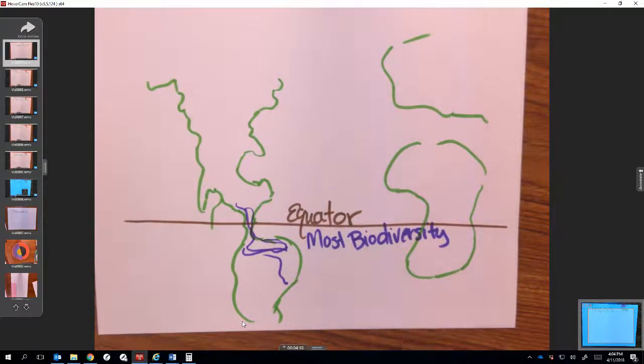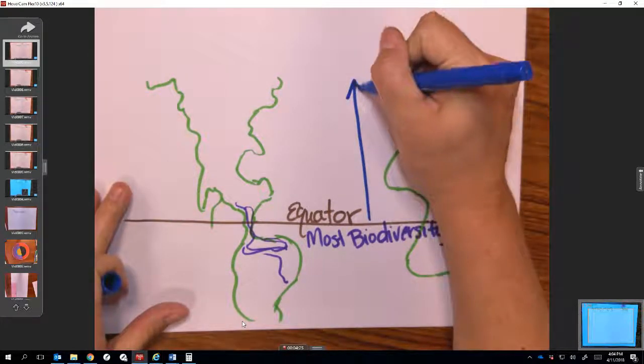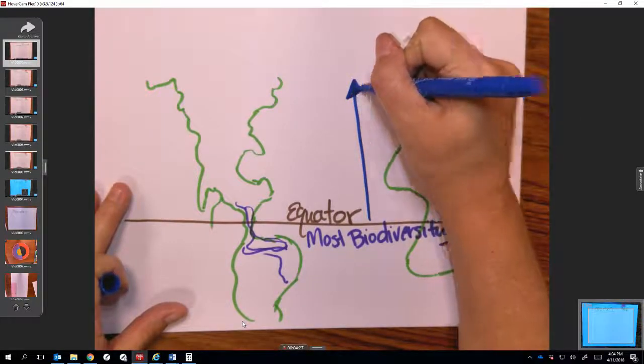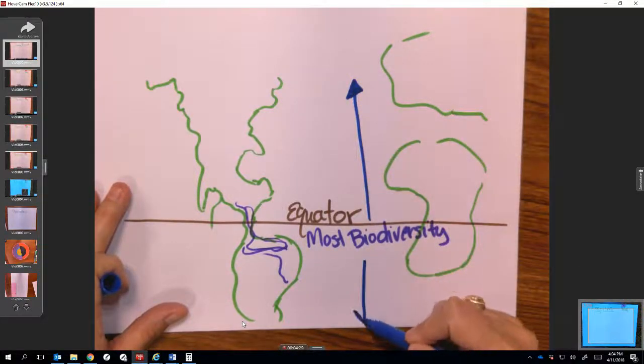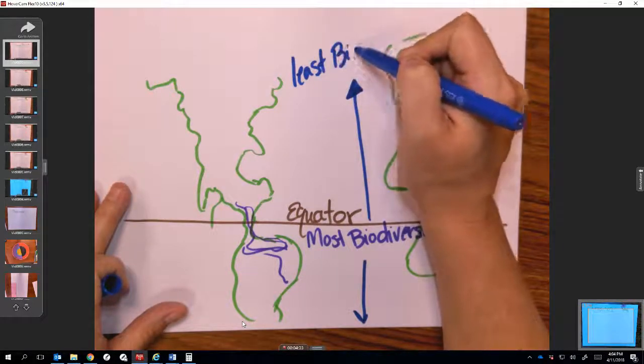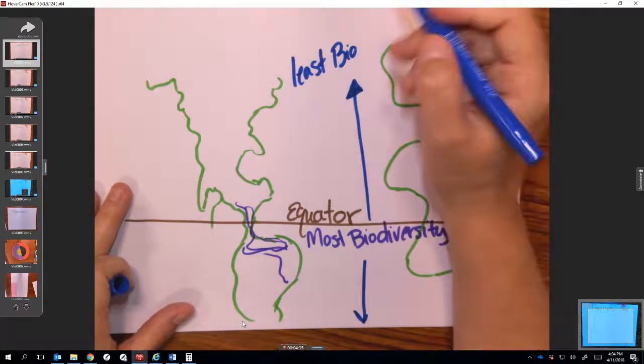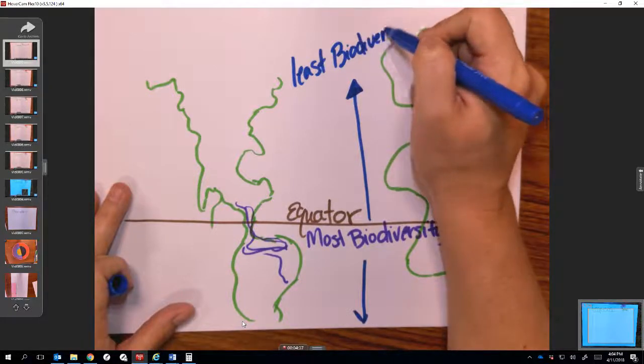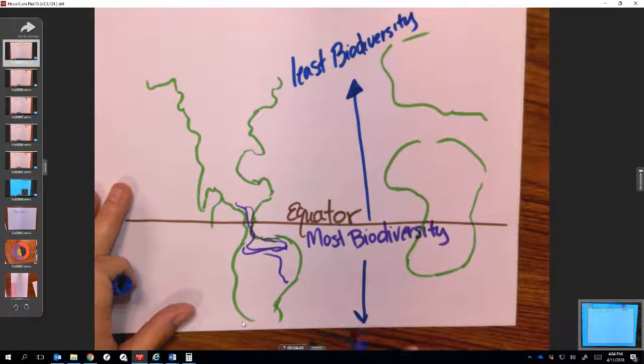As you move away from the equator, diversity actually decreases. So as you move up to the poles, you're going to have the least biodiversity in the Arctic and Antarctic.